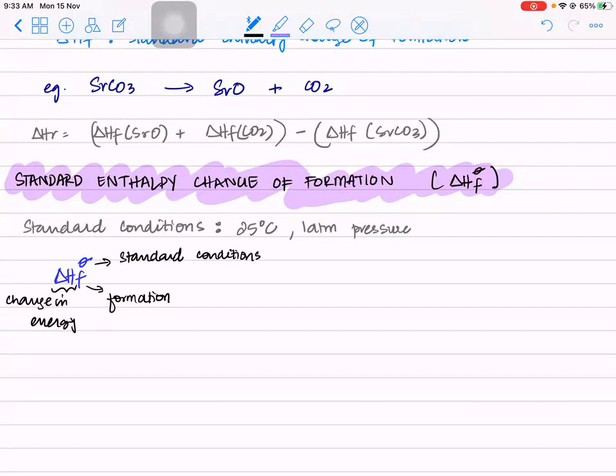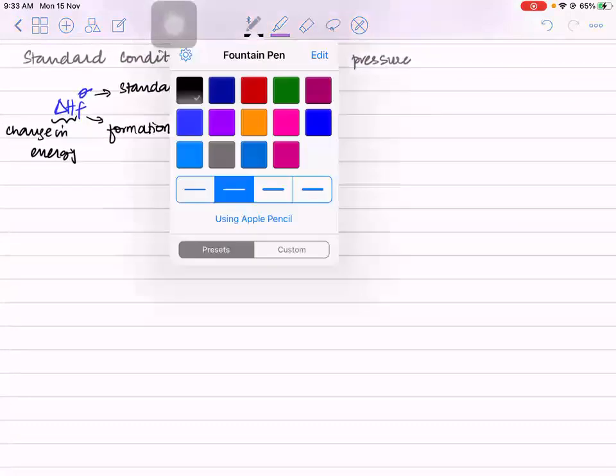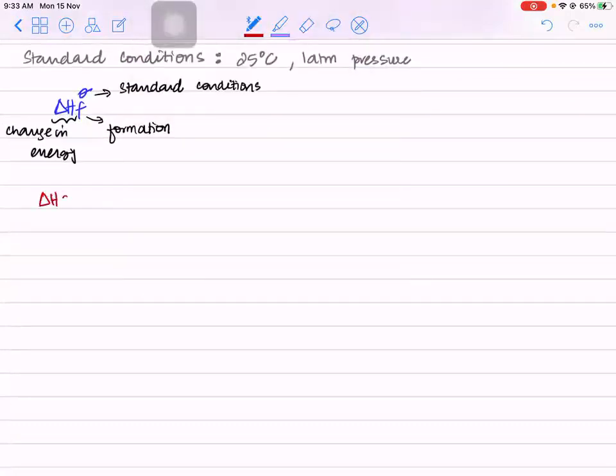Now let's see, how will we define standard enthalpy change of formation? So delta HF is defined as the energy change. Whenever we say the word energy change, that means this could be exothermic or endothermic.